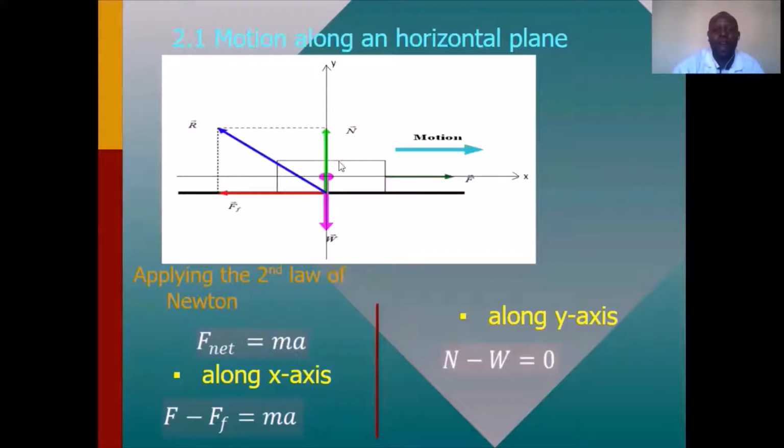Acceleration in the direction of y is 0. Then the normal force for the object moving on a horizontal plane is equal to the weight. It is equal to mass times acceleration due to gravity. So the application of the second law of Newton along the y-axis will help us only in calculating the normal force.